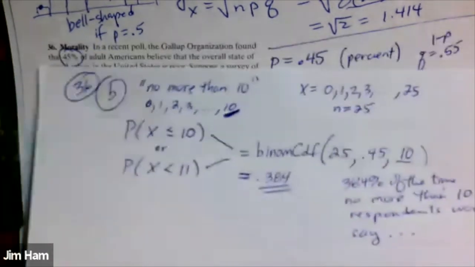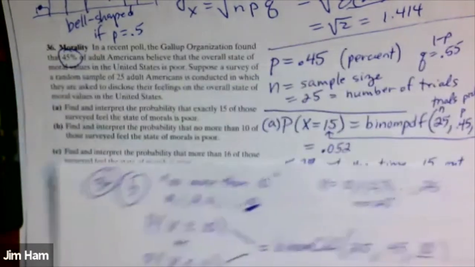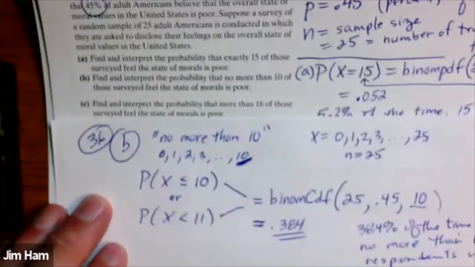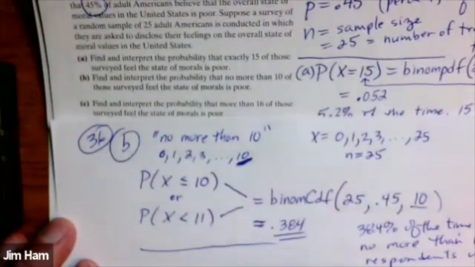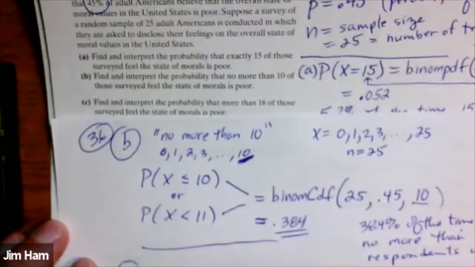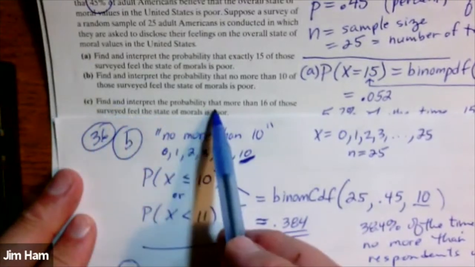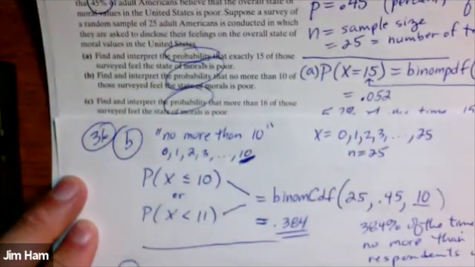All right, so I want to look for a greater than probability now. Let's see if we have one. There it is, 13, or C, I mean, 36C. 36C says find and interpret the probability. So in each one of these, we're using either binomial CDF or binomial PDF.